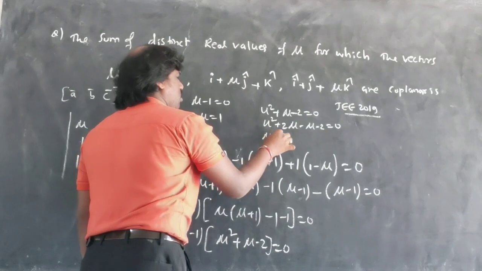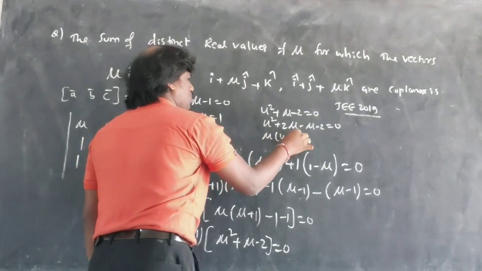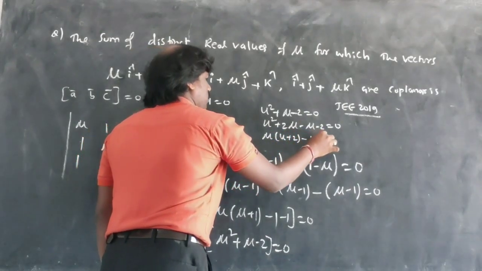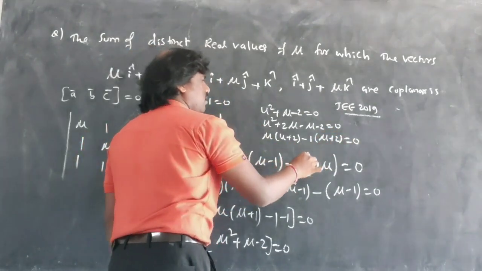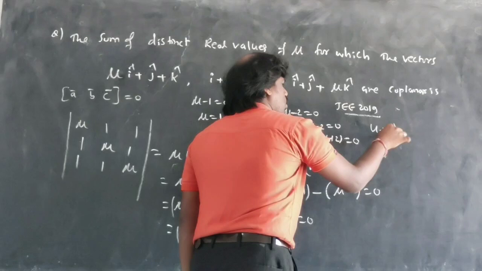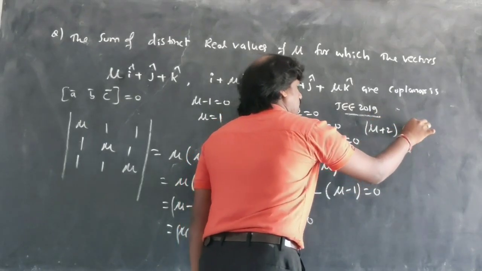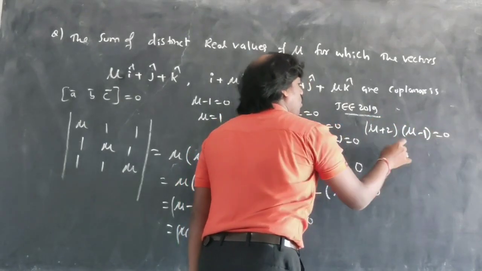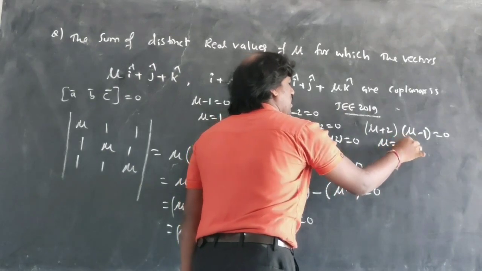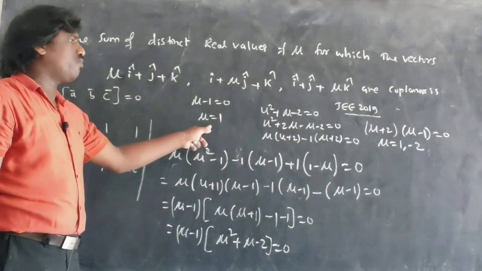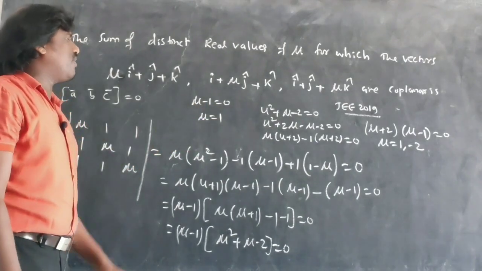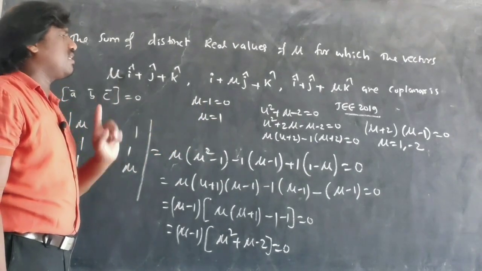Taking mu common, mu plus 2, and minus 1 common, mu plus 2 is equal to 0. So I get mu plus 2 into mu minus 1 is equal to 0. From this I got mu value 1 comma minus 2. So totally the mu values are 1, 1, and minus 2.